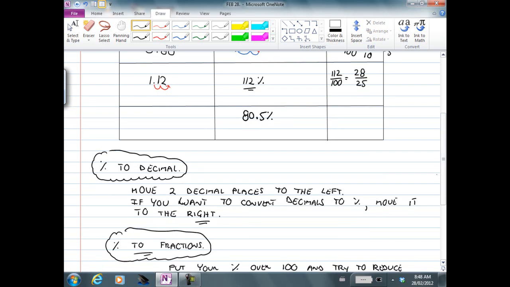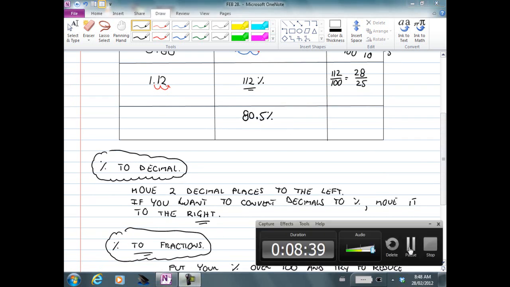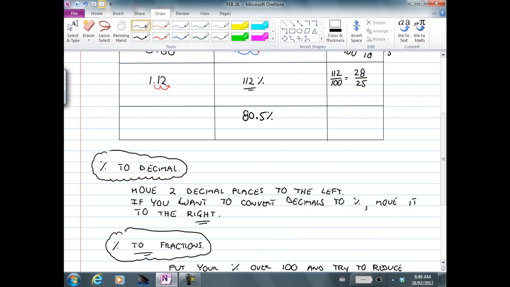Now the fraction is going to be a bit tricky because your number is going to be fairly large, but I want you to do the decimal first. 8.05 is not correct, because how many places am I moving this? 1, 2. So your decimal right now is in front of this. So this one is going to be 0.805.